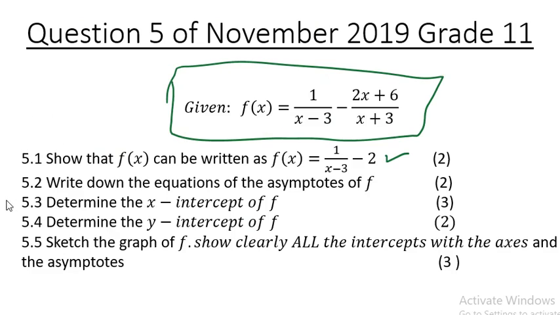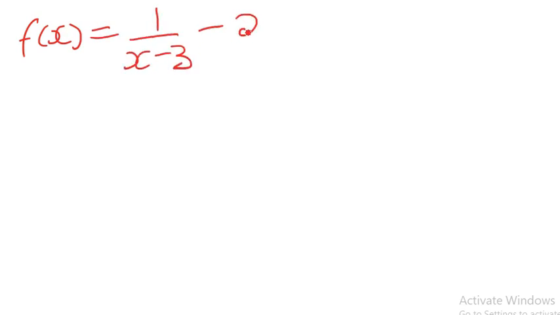Next question, 5.2. Write down the equations of the asymptotes of f. We're going to get it from the function that we got, which is f of x is equal to 1 over x minus 3 minus 2.